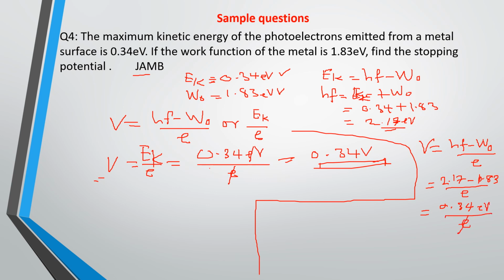This cancels out, and you still have the same answer, 0.34 V. So depending on your preference and the method that is faster for you, you can use either to solve this problem. Whatever be the case, you have the same answer in the two processes.